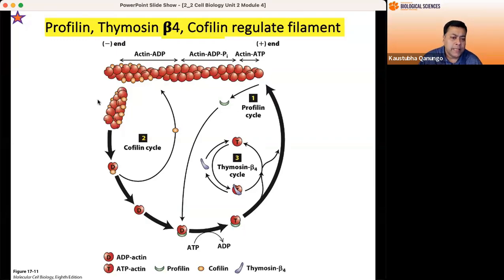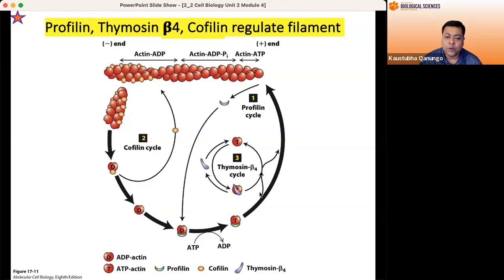So that's essentially it: cofilin and gelsolin are the severing proteins, causing depolymerization. Profilin is the protein which helps exchange the ADP with ATP and addition to the plus end. And thymosin beta 4 regulates the amount of globular actin available to be added to the plus end depending upon the condition.